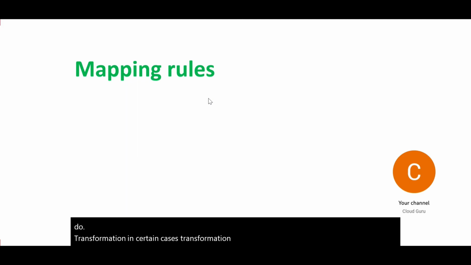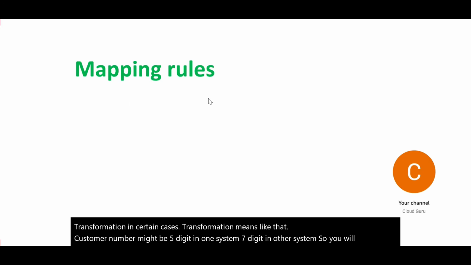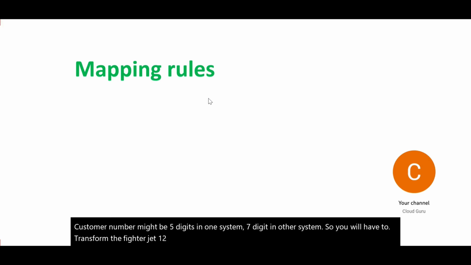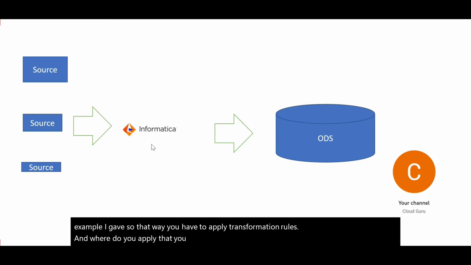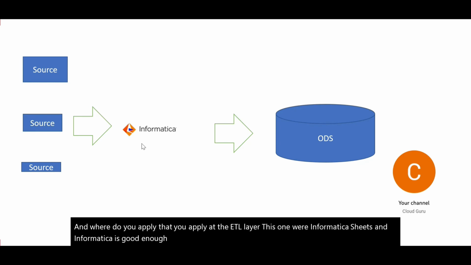Transformation means, like, the customer number might be 5 digit in one system, 7 digit in another system. So you will have to transform the 5 digit one to append or prefix 2 zeros so that it is now 7 digit. Just a small example I gave. So that way you have to apply transformation rules. And where do you apply that? You apply at the ETL layer, where Informatica sits. And Informatica is good enough; you can write jobs to do this exercise.